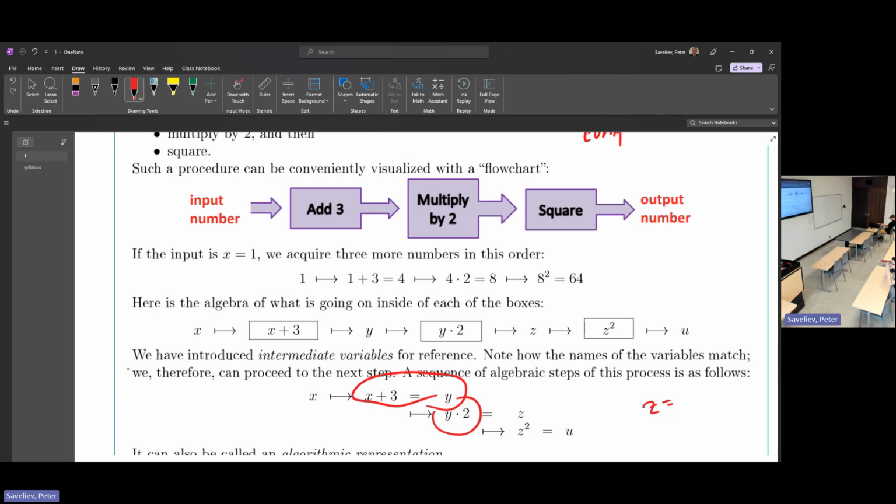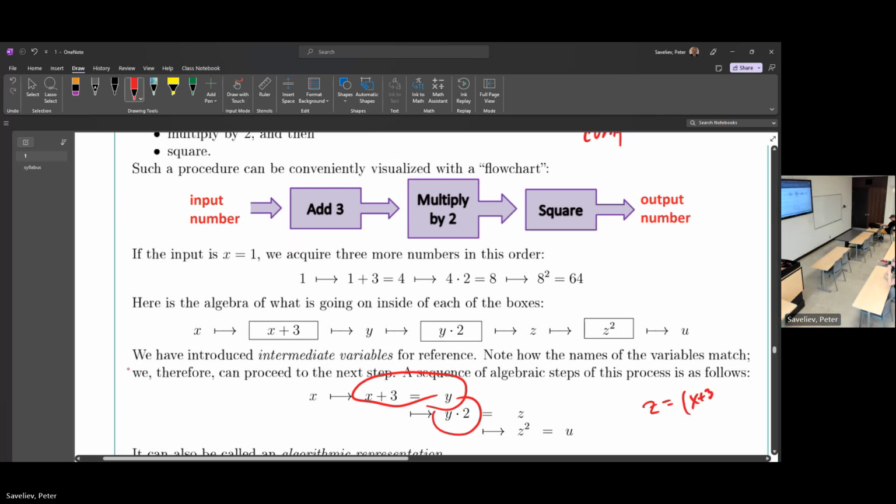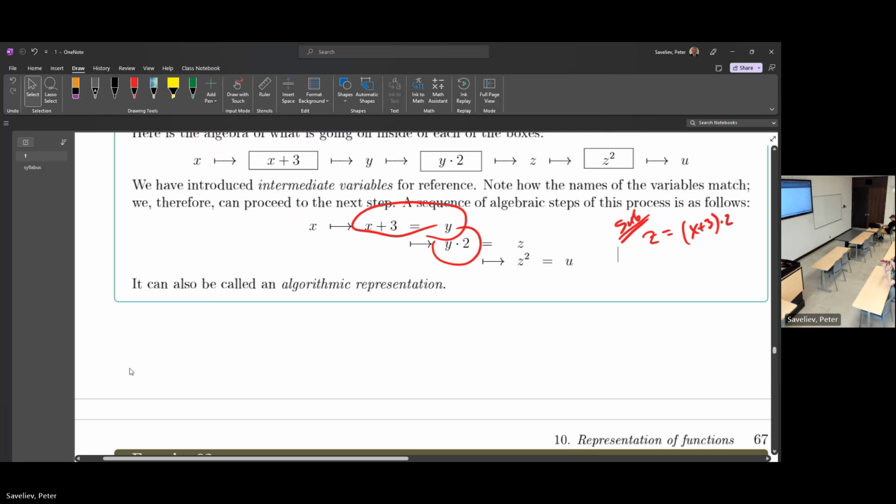Replace y with x plus 3. That's substitution. But once again, only if you want a single formula, which you might never have.